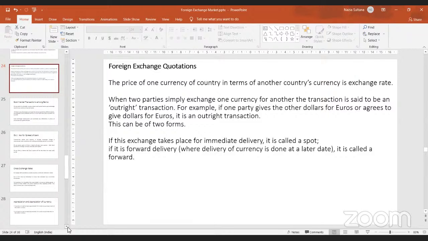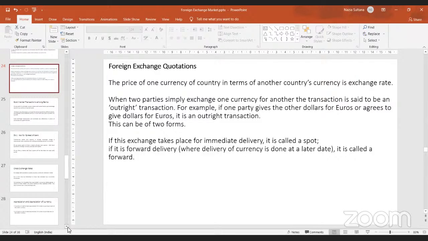Spot delivery is one where the exchange takes place immediately at the currently prevailing rate. So if I am buying dollars from somebody today, 24th November at 11:15 a.m., at whatever rate is prevailing in the market at this date and time, that is called a spot transaction.